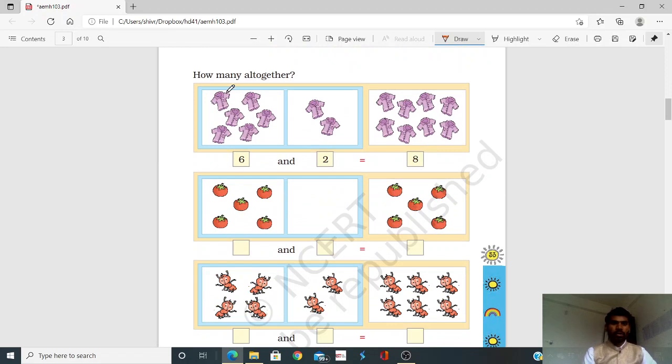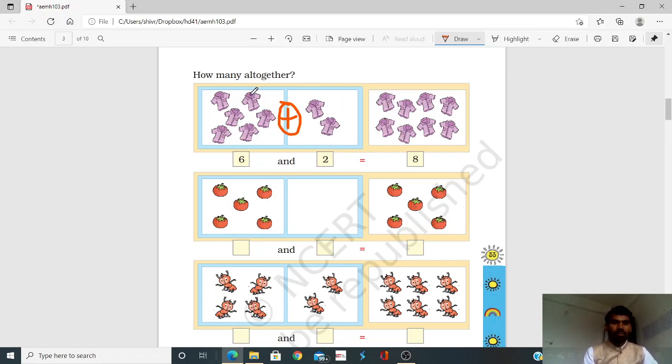Okay, good. How many altogether? We have to make addition between these two boxes. Here you can see I have added the symbol of plus. Plus means addition. Here you can see 5 shirts plus 2 shirts. How much will be the addition?